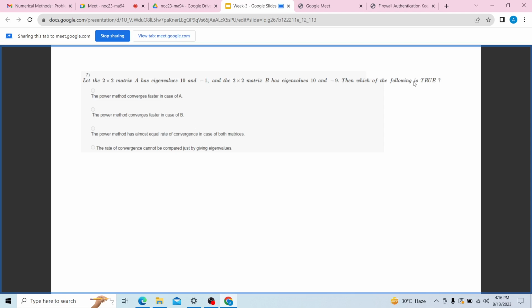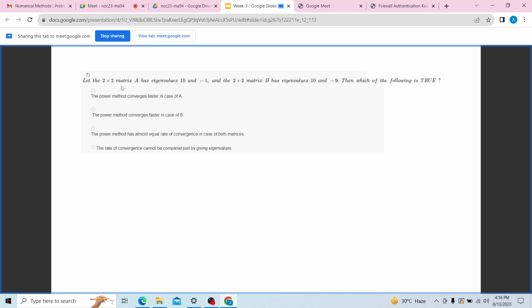You have to find which of these statements is true. Find out whether the power method converges faster in case of A, or the power method converges faster in case of matrix B, or the power method has almost equal rate of convergence in case of both the matrices, or the rate of convergence cannot be compared just by giving eigenvalues.